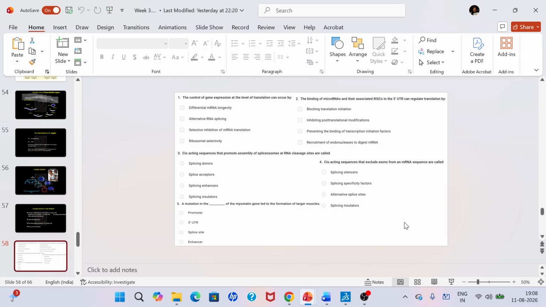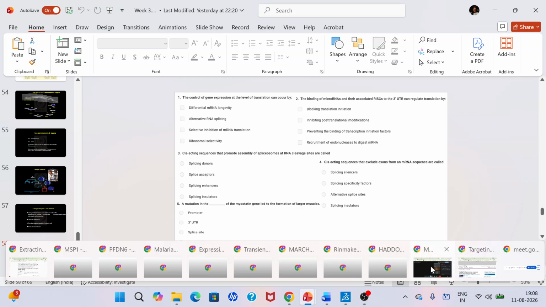So question number 1: the control of gene expression at the level of translation can occur by. Answer to question number 1, everyone.